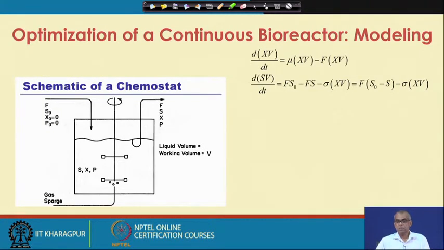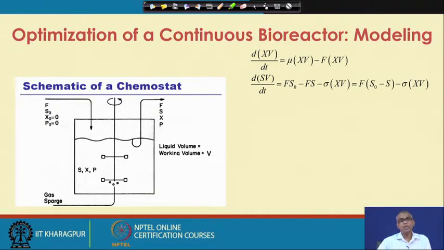So, first let us write down the modeling equations that will describe the working of chemostat. For simplicity, let us consider only the growth of the microorganisms. In other words, we have the microorganisms in the bioreactor, and then I have a feed stream which contains the limiting nutrient.